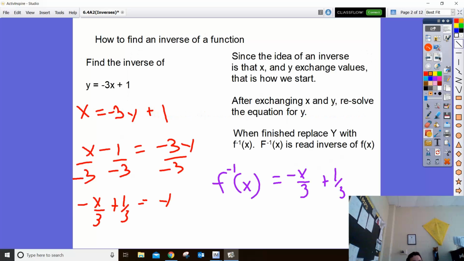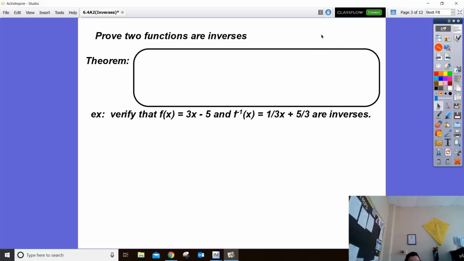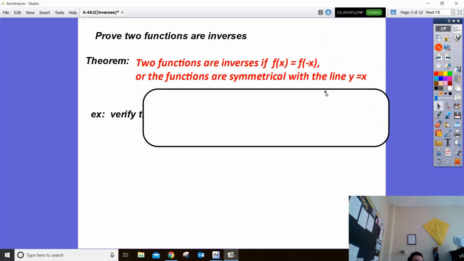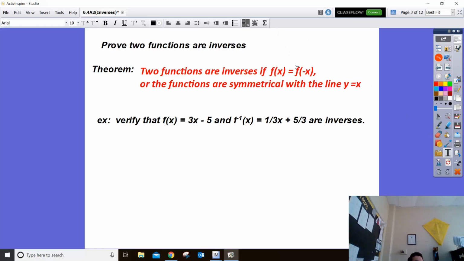All right, let's do this, and then we'll probably continue the rest of this tomorrow. Prove two functions are inverses. You're going to love this notation. Two functions are inverses if f of x is equal to... That is not correct. There's a typo in there.